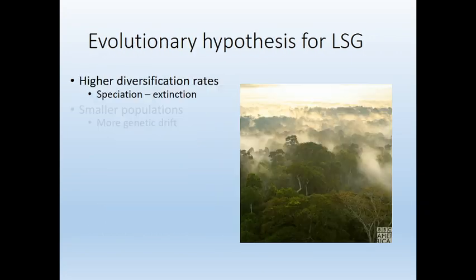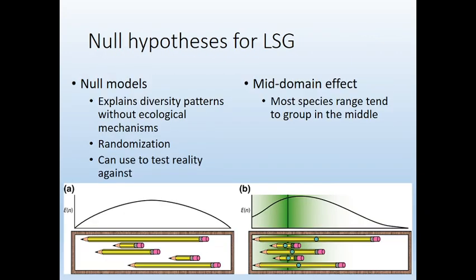Well, that all might be true, but if the mid-domain effect is true, it kind of overrides everything else. So we have to see where there are exceptions, and then we can really learn about the biology that way, rather than just seeing maybe a pattern that is kind of created randomly.